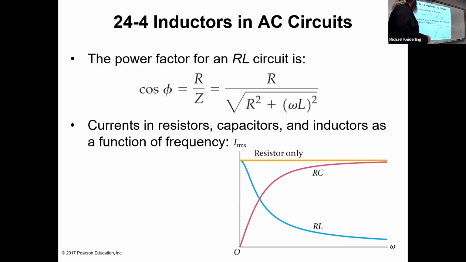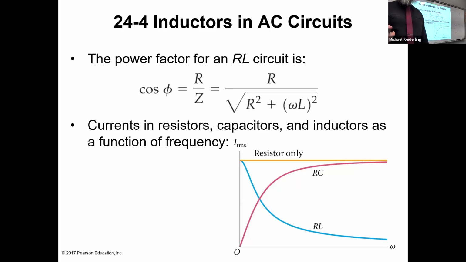And so here are currents in resistors, capacitors, and inductors as a function of frequency. Resistors are flat. Current with a capacitor increases with increasing frequency, and with an inductor decreases with increasing frequency. Capacitors like high frequency, inductors like low frequency.